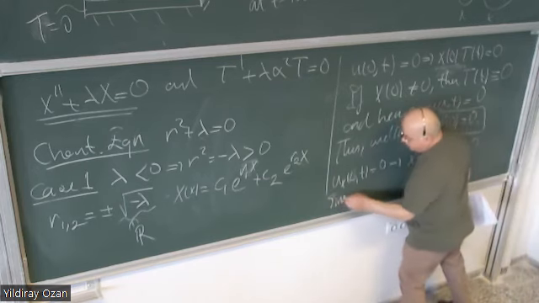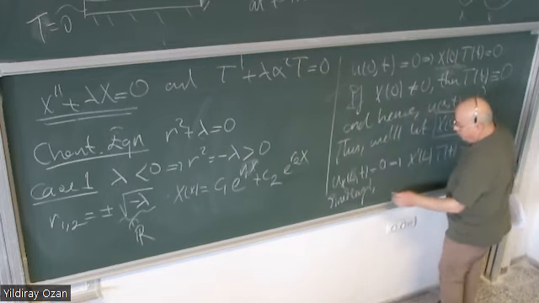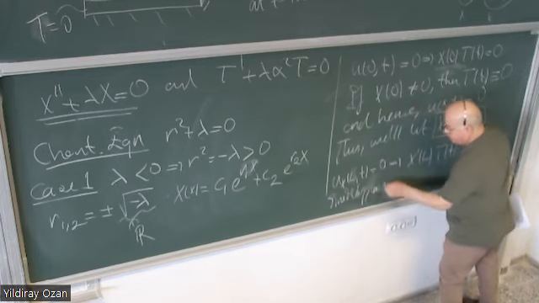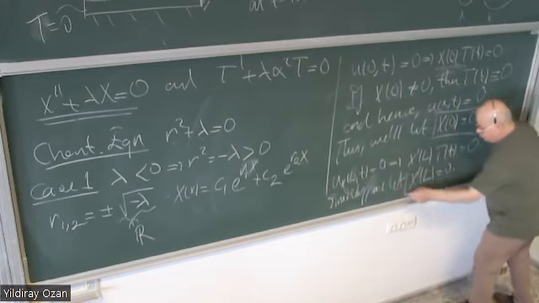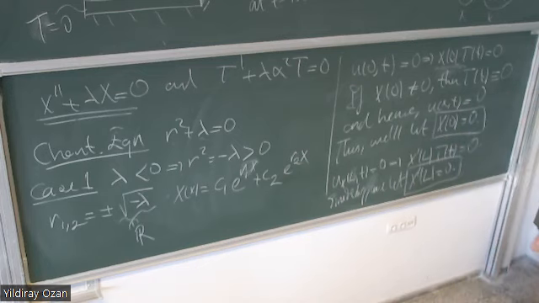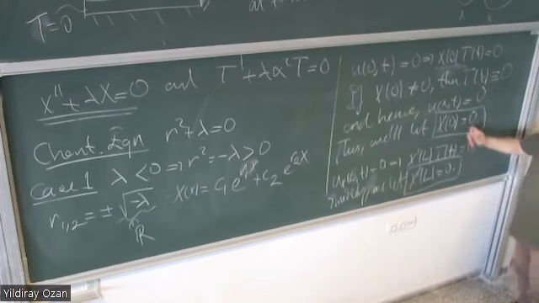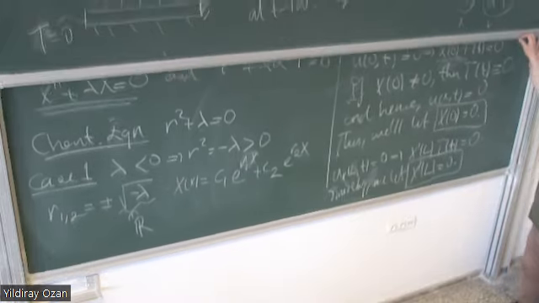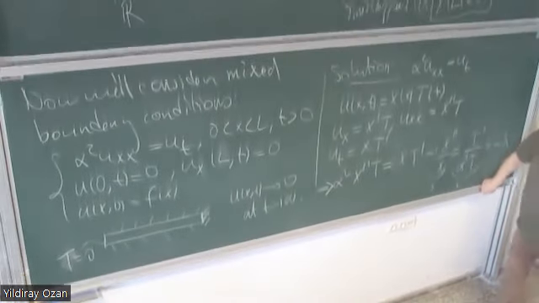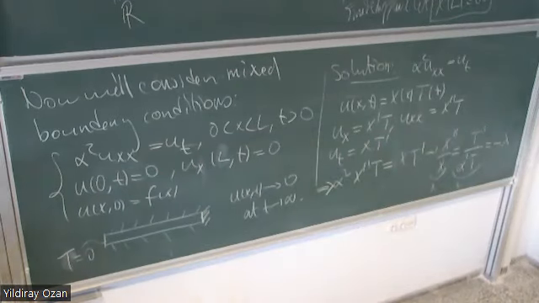Similarly, we let X prime L equals 0. So you see, this time the boundary conditions on X are kind of different, right? The value at 0 is 0, and here, the derivative at L is 0. Okay, so let's see what we get.